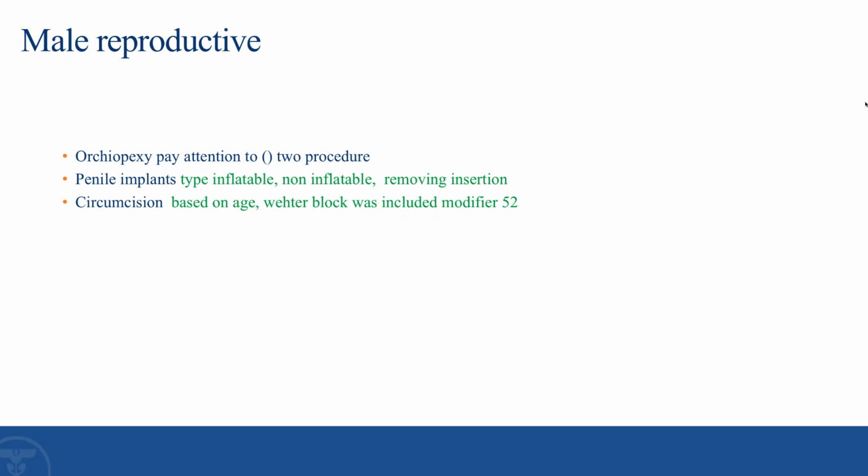Again, I'm on page 334, and I am talking about CPT code 52332. It is talking about a stent, and usually the stent is called a double J type. That's the one they usually discuss in the scenarios.